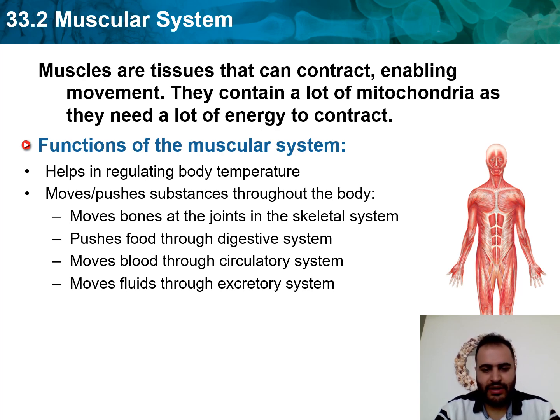For example, the skeletal muscles move the bones, and other muscles push food through the digestive system. They move blood through the circulatory system and fluids through the excretory system. The excretory system is the system that releases liquid wastes from the body. So, for example, here the urine is released outside the body by the muscular system.